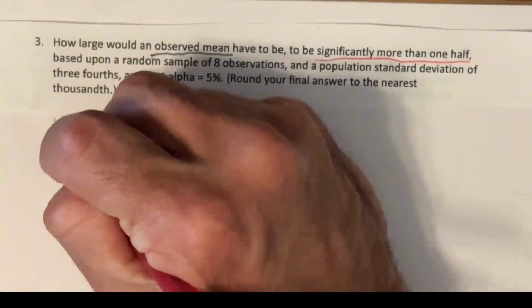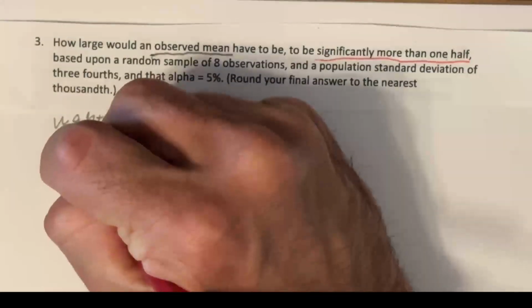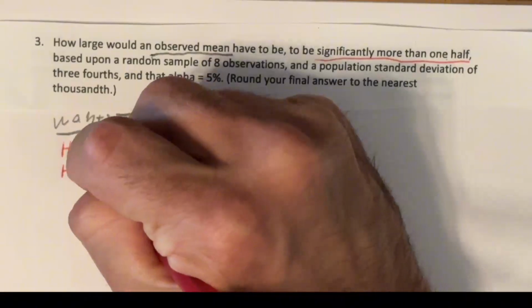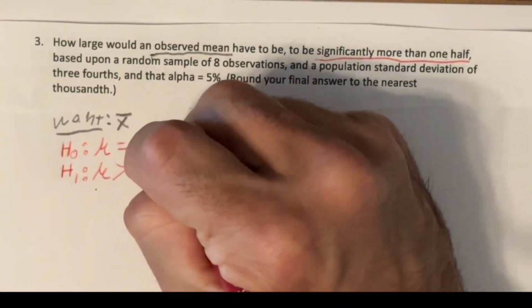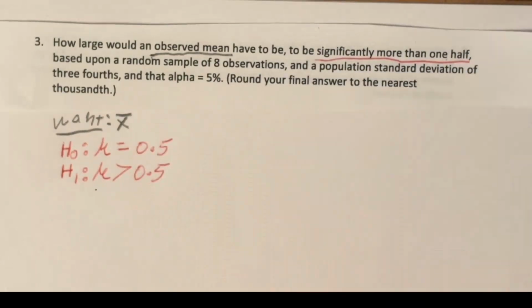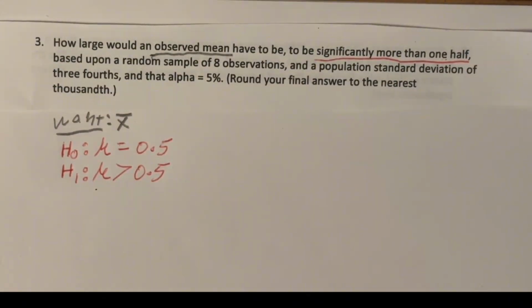But of course, the null hypothesis would be that the population mean, mu, is equal to 0.5, 1/2. So that's really your first step in dealing with this, is knowing your null from your alternative hypothesis.